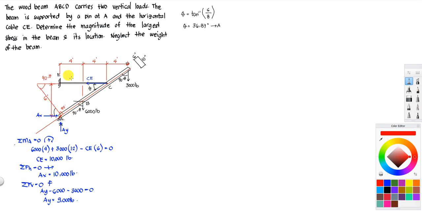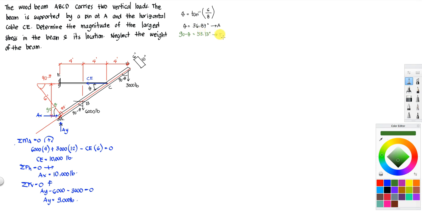Kung nakikita nyo yung triangle, if this is theta, this is 90 degrees, then this is 90 minus theta. If this is 90 minus theta, this is also 90 minus theta. Baguhin ko yung color. This is also 90 minus theta. Okay? I hope you got it right. Okay? So 90 minus theta is 53.13.